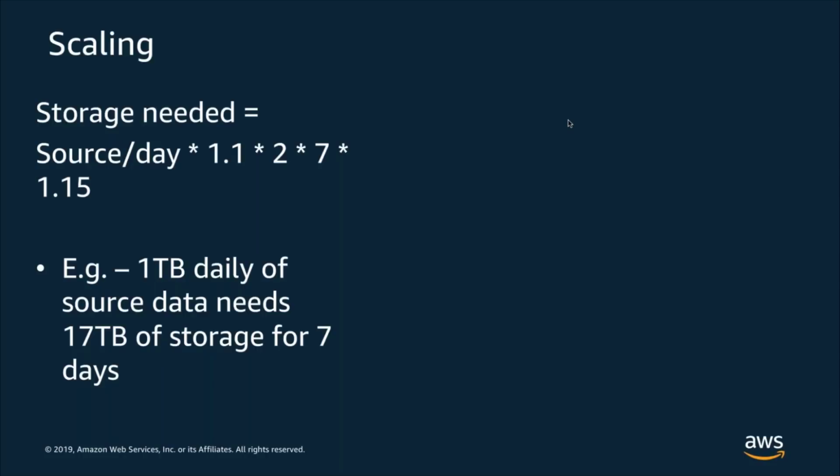7 here represents the number of days that I'm going to retain my data in the cluster. 7 is a pretty common number. We see everything from just a few days out to a few months. Again, Elasticsearch is most commonly a hot store, so we don't usually see data staying in there for too long. In either case, whatever your retention window is going to be, you'll put your number of days in there.